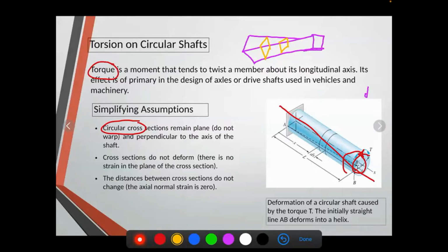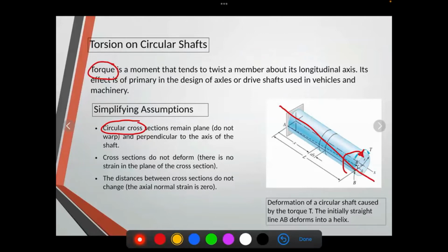Most of the time, mag-i-integrate tayo for the area. So, one thing to consider, no? All throughout our discussion, we will only be considering objects that are circular in cross-section, kasi mas easier yung analysis.